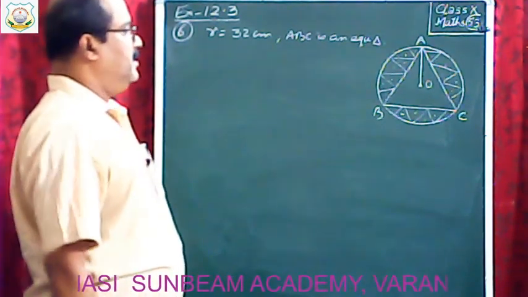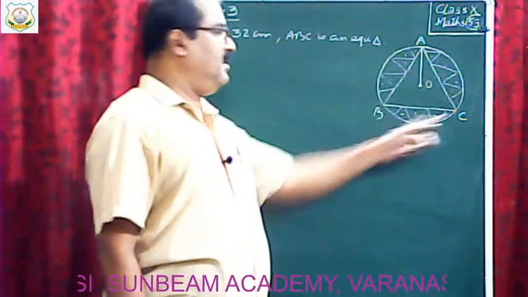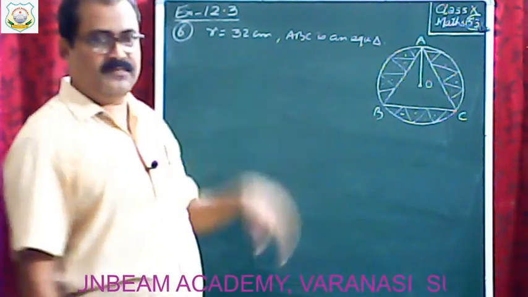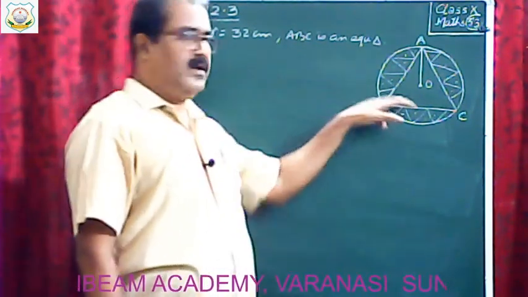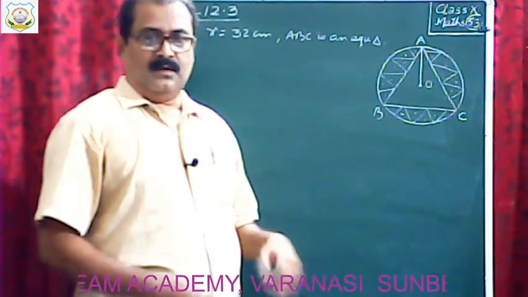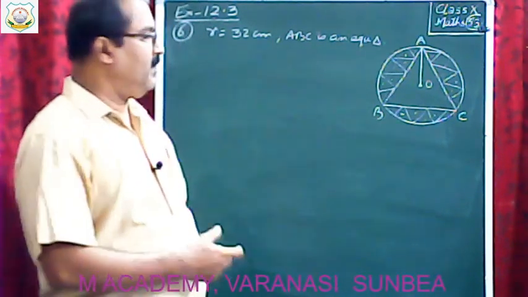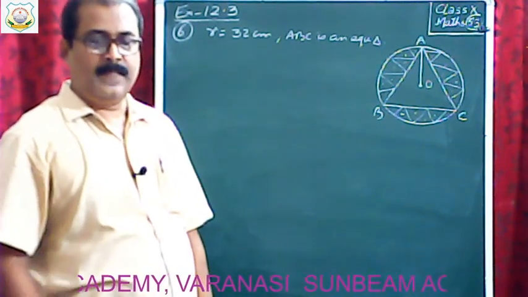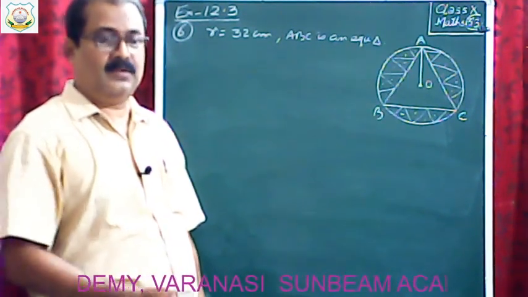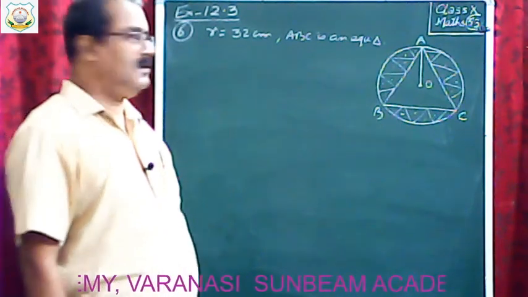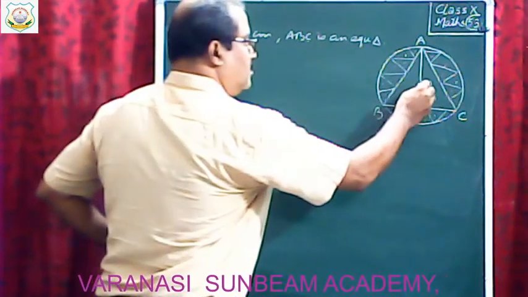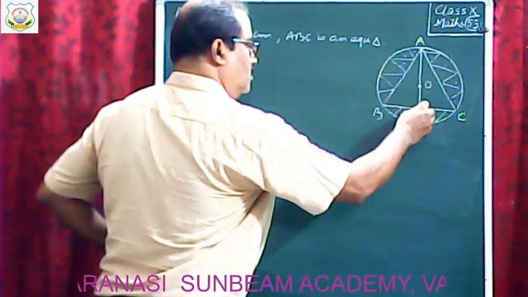So area of design means area of circle minus area of triangle. Area of circle we can get because radius we have, but area of equilateral triangle directly we cannot find because side of equilateral triangle is not given. So first of all you have to find side of equilateral triangle, then you have to find area of design.